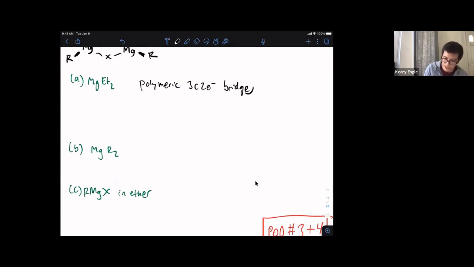So let's zero in then on what the actual structure of one of these diorganomagnesium adducts would look like. Here, keeping in mind that magnesium prefers to be tetrahedral. I'll draw this in tetrahedral form just so I can be crystal clear with what we mean here.